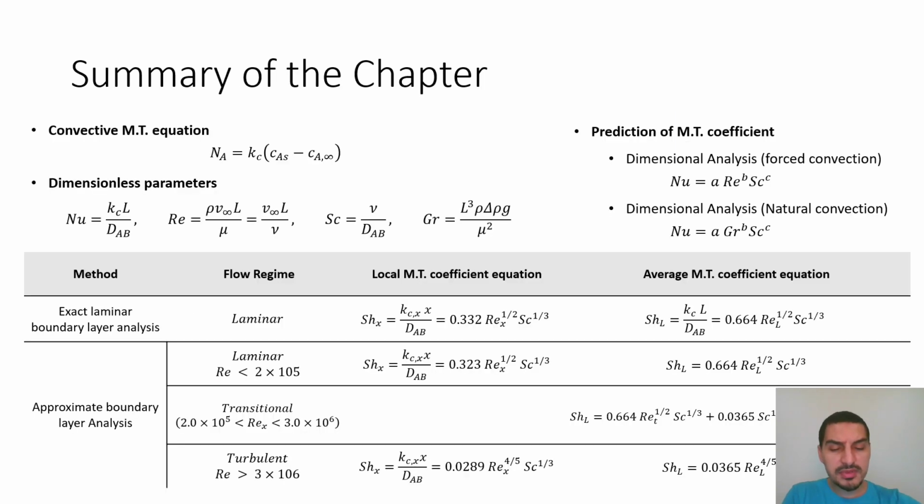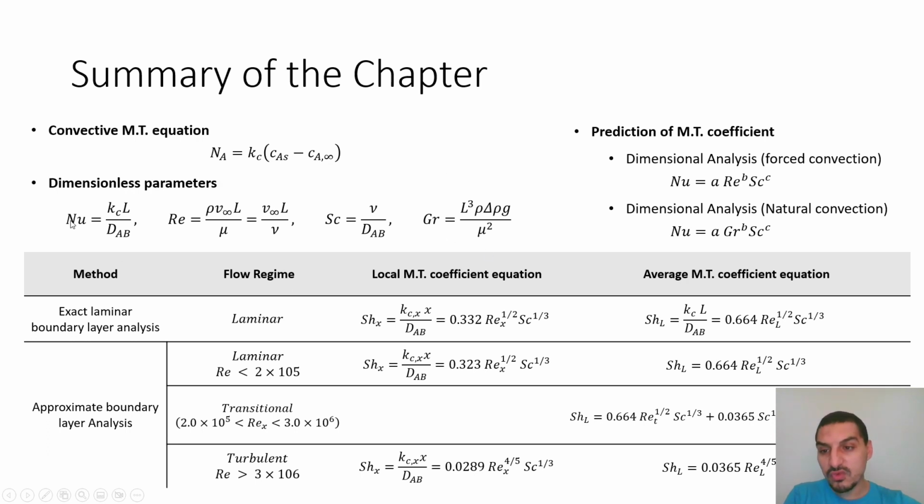So just to wrap up this chapter and have everything together in one place, the main points that we covered in this chapter: the convection mass transfer coefficient is this equation. This is the flux equals the mass transfer coefficient multiplied by the driving force, and in this case we use dimensionless parameters: the Nusselt number, which is the convection mass transfer divided by the diffusion mass transfer, or the ratio between them; the Reynolds number; the Schmidt number, the momentum diffusivity divided by the mass diffusivity; and the Grashof number, which is the buoyancy force divided by the viscous forces.